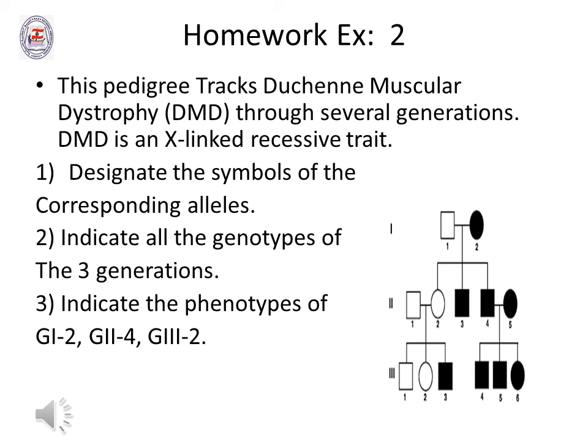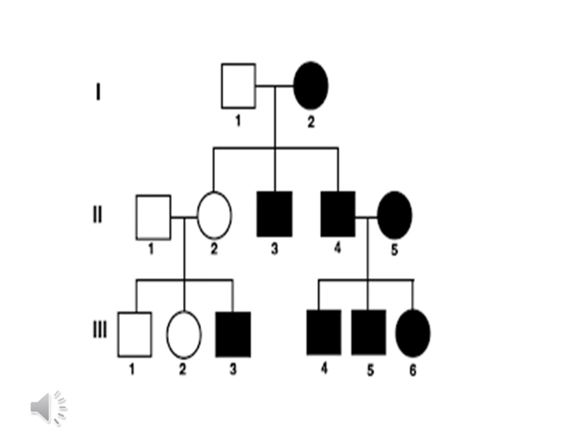Number 3, indicate the phenotype of generation 1, individual 2, generation 2, individual 4, and generation 3, individual 2. This is the pedigree for DMD in a bigger picture. Please make sure to draw it on your copybook and solve the genotypes of the 3 generations.